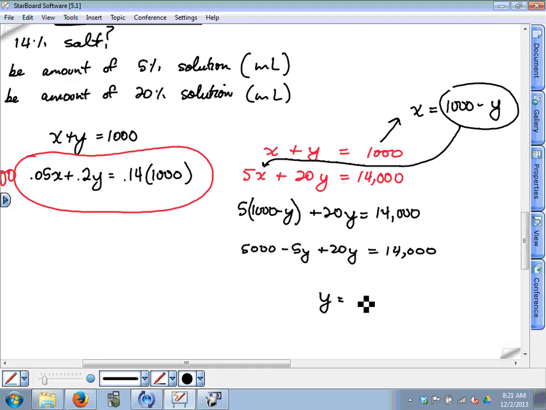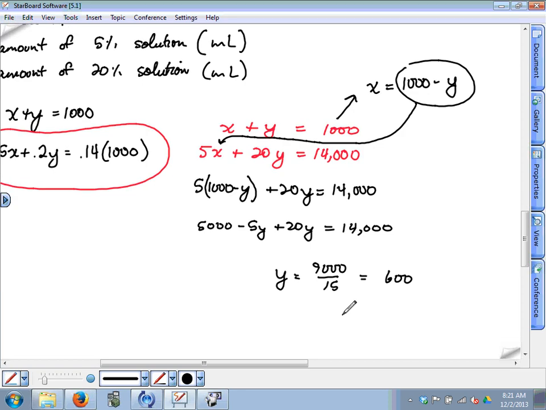So y should be 9,000 over 15, which divides evenly. 600. Because 15 goes in 9,000 600 times. Before you go back with solve, when we interpret this, 600 what?